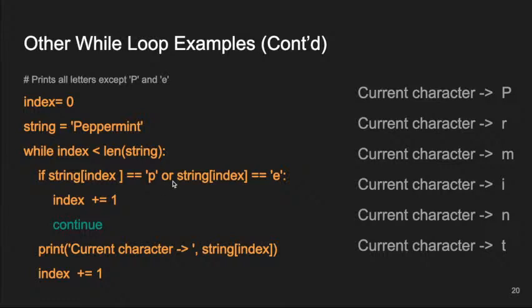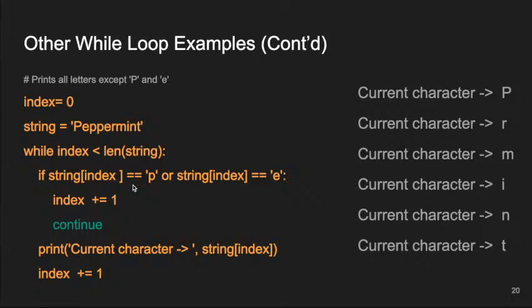You will notice that you have something else here, or. So our or operator. You've seen operators in the previous lecture. We have or here, and this double equal operator to check if two things are the same.